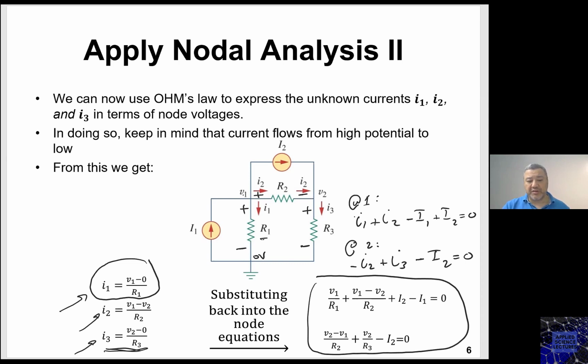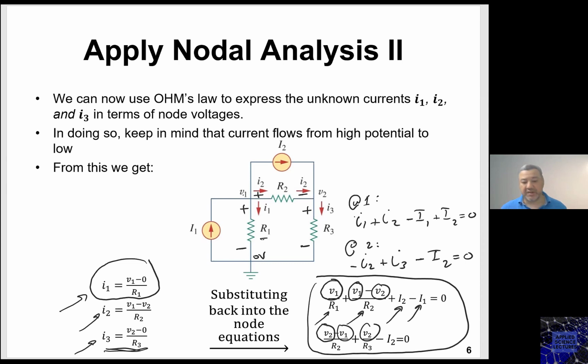Then we substituted those currents with their equivalents using Ohm's law, rearranged, and came up with two equations. As you can see, those are our variables, the V's. The R's would be given, and the currents for the current sources are also given. So I have two equations with two unknowns.